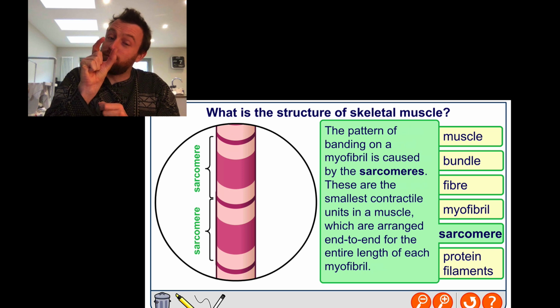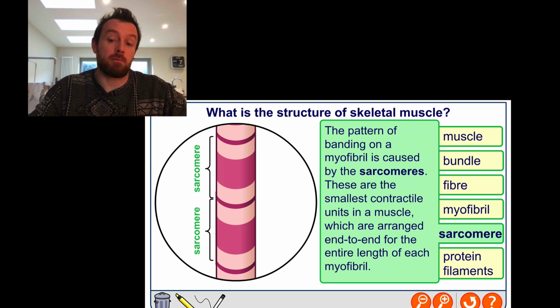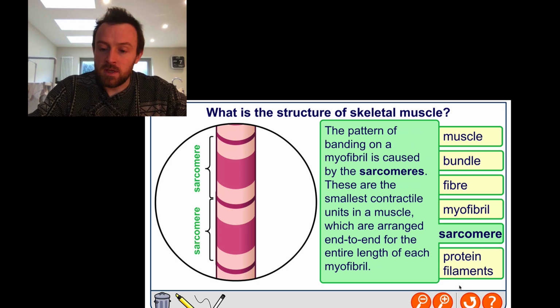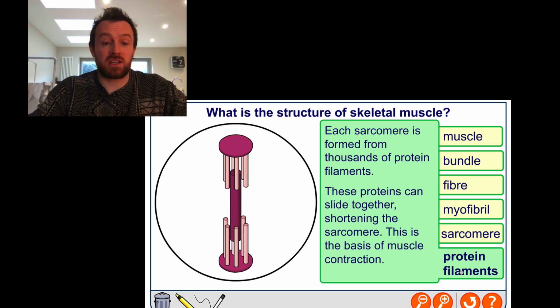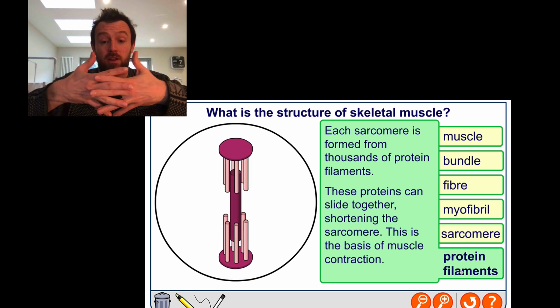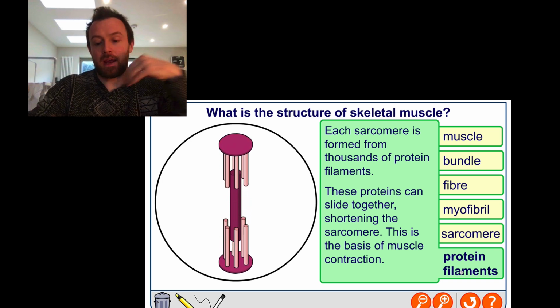It can generate a force contracting. It can't generate a force lengthening. It has to be stretched back out by a muscle acting in an antagonistic way. And within the sarcomere, what's actually going on is protein filaments are sliding past each other. Okay, the proteins can slide and shorten, and then when they're relaxed, they can be stretched out again.